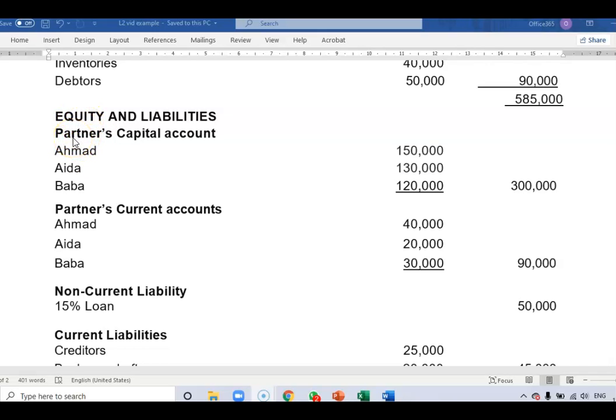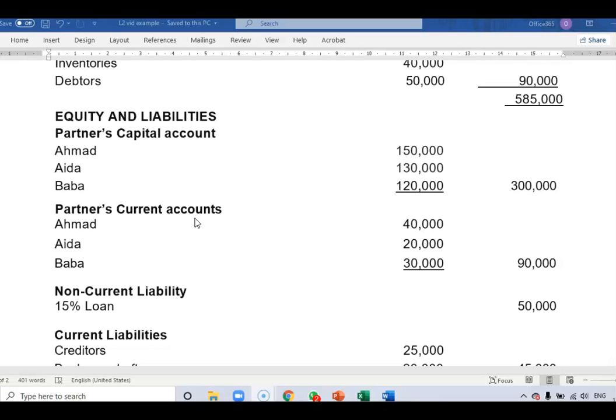In FAR160, we have the capital account, add the net profit and deduct the withdrawings. Remember? But in the partners' statement of financial position, you have the partners' capital account and partners' current account.